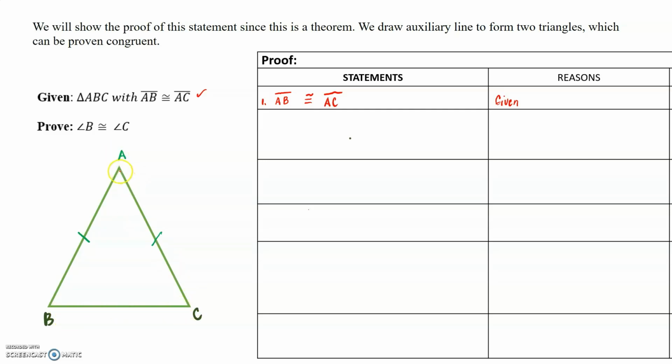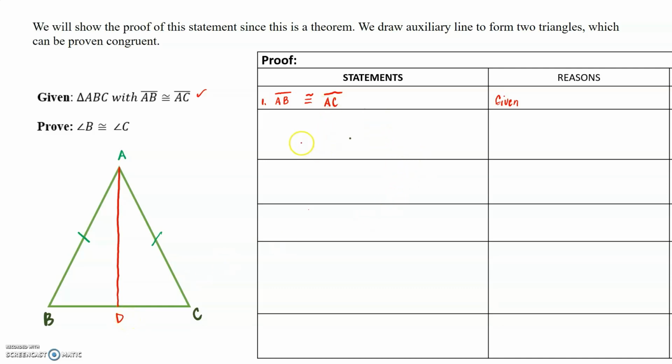So let's have this angle bisector of A as segment AD. So let's draw it. Okay, so we have this angle bisector AD.